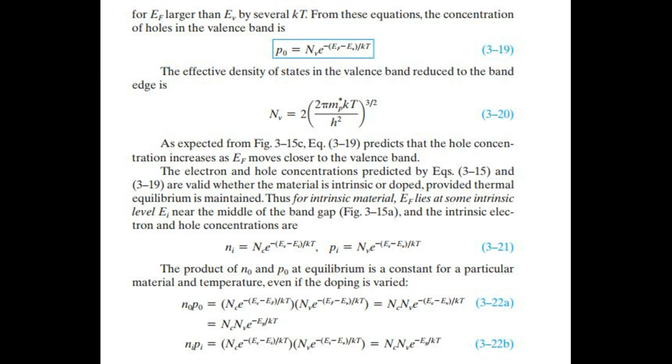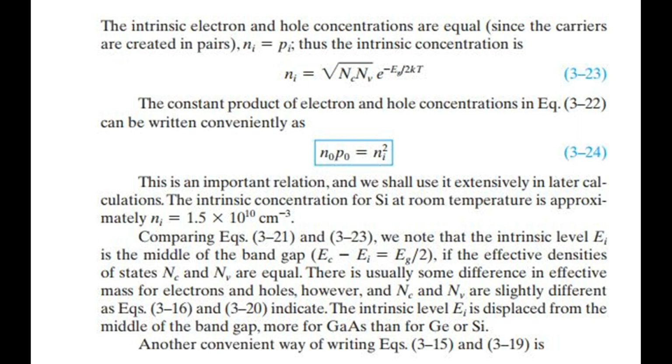The product of n0 and p0 at equilibrium is a constant for a particular material and temperature, even if the doping is varied. The intrinsic electron and hole concentrations are equal, since the carriers are created in pairs, ni equals pi. Thus the intrinsic concentration is the constant product of electron and hole concentrations in EQ 3-22.